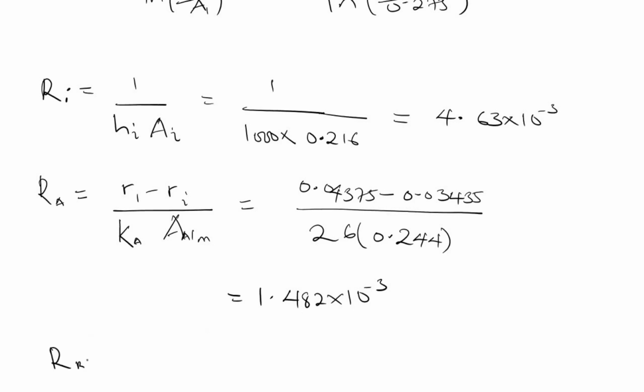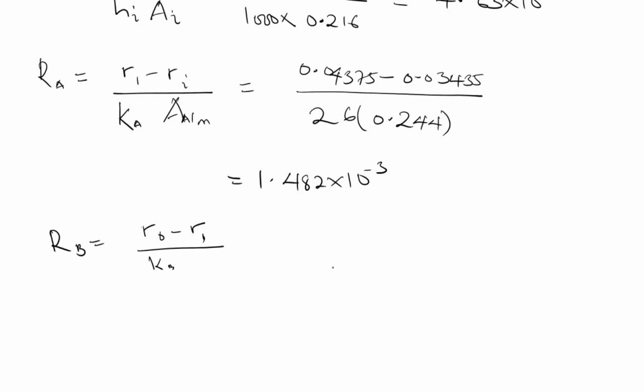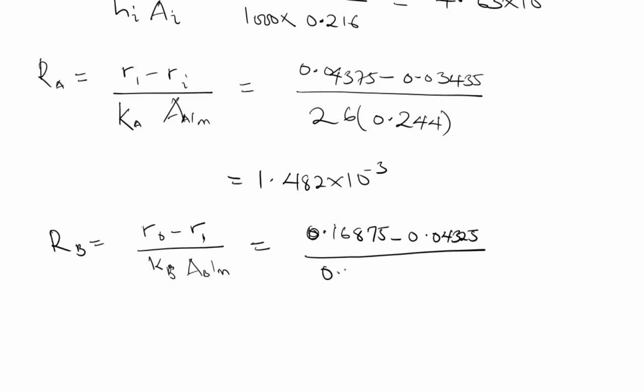Then Rb is going to be what? We've written also the formula above, R0 minus R1 over thermal conductivity of B times the log mean area of B, which is going to give you what? 0.16875 minus 0.04325, divided by this, we are also given from the question as 0.037, into AB, we calculated it above as 0.582.